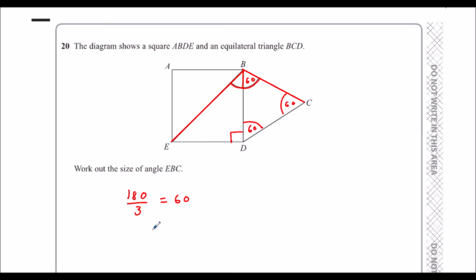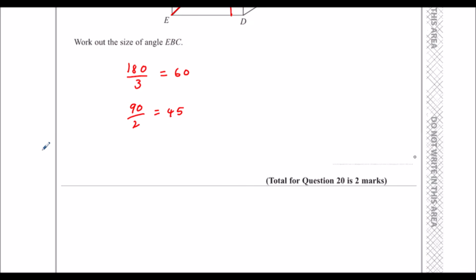So half of 90 is 45. So EBD must be a 45-degree angle. So in total, the angle EBC is a 45 plus a 60, which is 105 degrees.